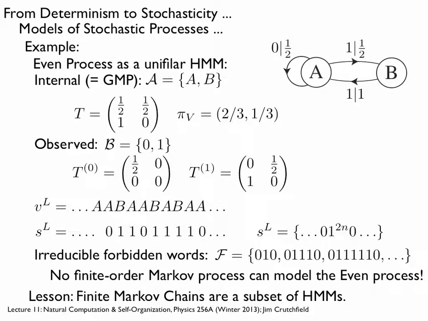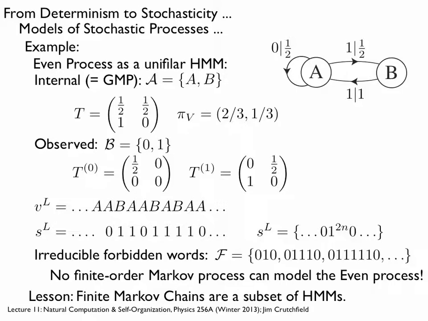So let's look at the even process as if it was a hidden Markov model, and we'll give a unifilar presentation of that. So we're going to have two internal states here. Again, it's unifilar. A goes to A on just a 0, A goes to B on a 1, and B must go to A on a 1 with probability 1.